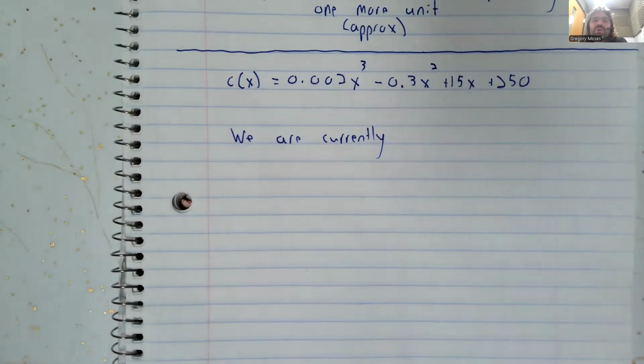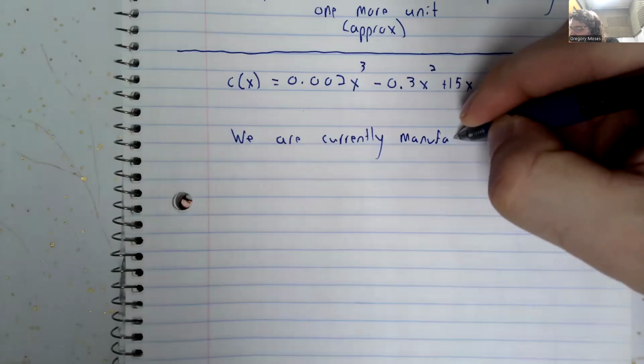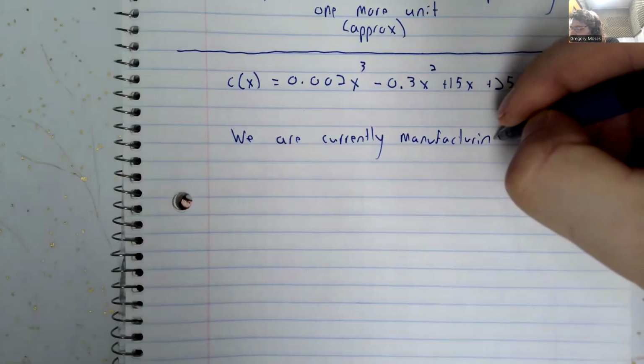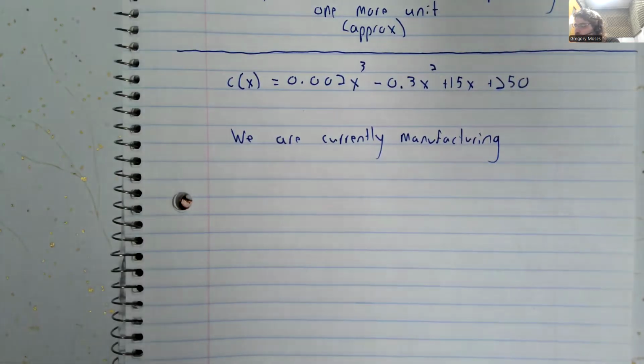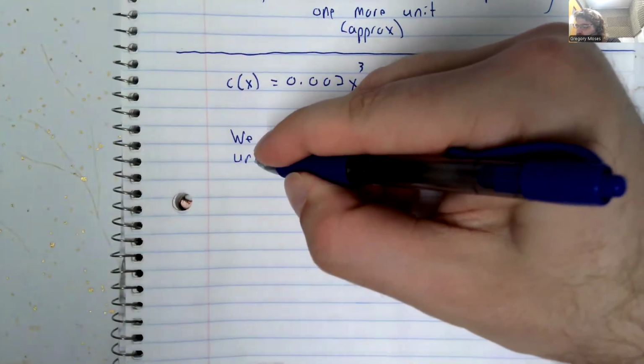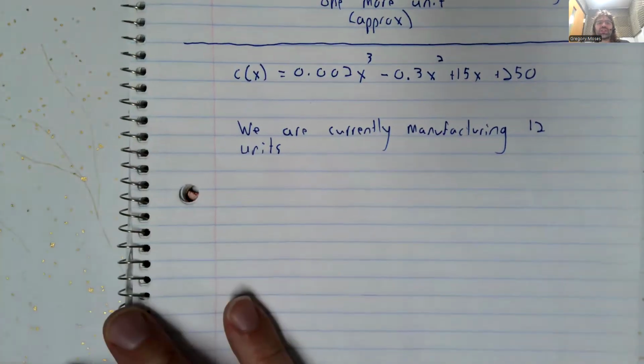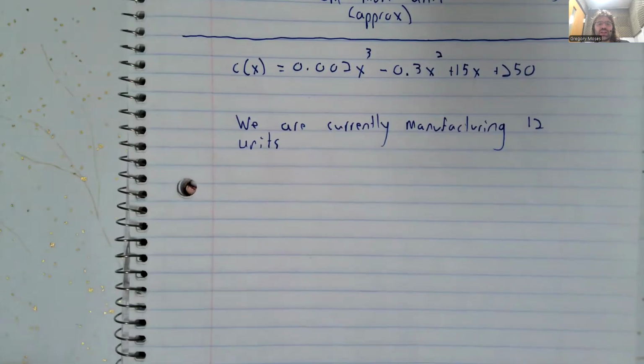The situation we're envisioning is that we are currently manufacturing 12 units, so we are currently accruing a cost.